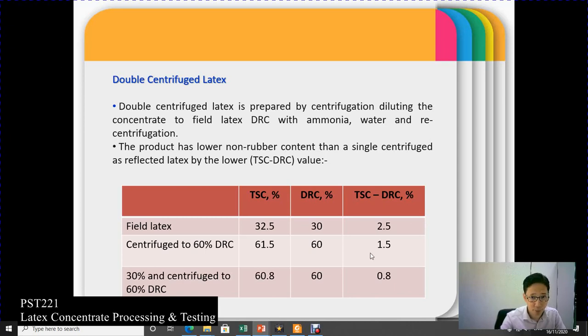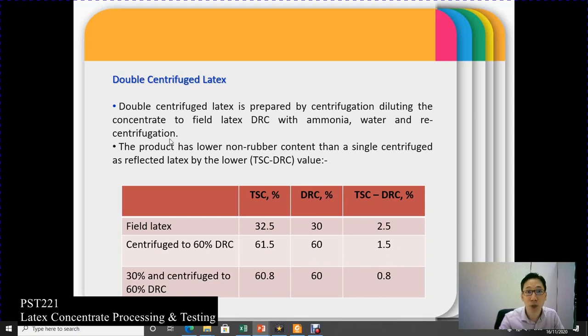You can see here, usually field latex is around 30% to 32% TSC, whereas the DRC is 30%. During the centrifugation to produce 60% DRC, the TSC value increases to 61%, whereas the DRC is 60%, and the TSC-DRC value is 1.5.